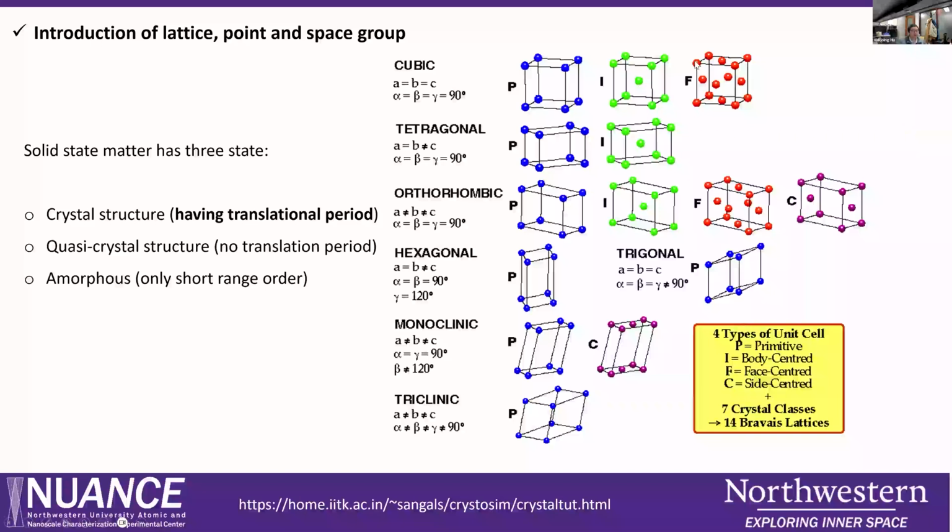F is face centered, meaning in the center of every face there is one atom. And C is side centered, for example in orthorhombic, where only one face has these atoms. If you combine these 4 types of unit cells and 7 crystal classes, you get 14 Bravais lattices.